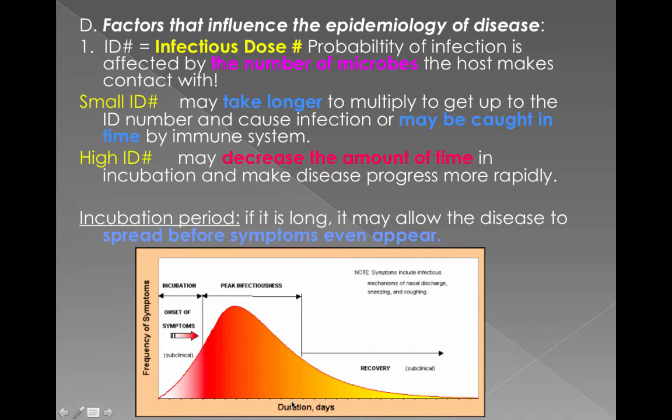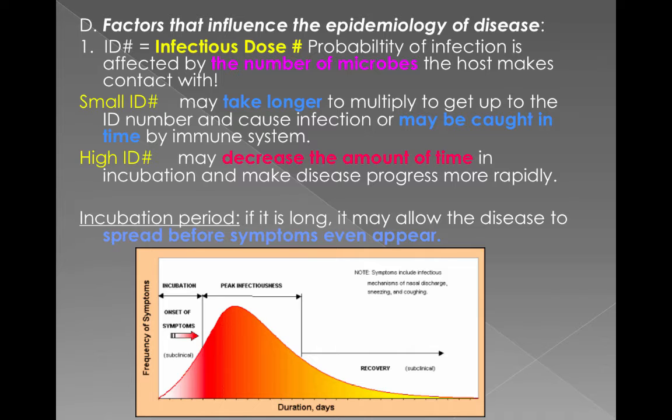So the factors that influence the epidemiology of a disease include that infectious dose number. And we talked about that in our last unit. The probability of infection is affected by the number of microbes the host makes contact with. If I come in contact with a small infectious dose number, it might take longer for those bacteria or viruses to multiply to get caught up to the infectious dose number that's required to cause the infection.